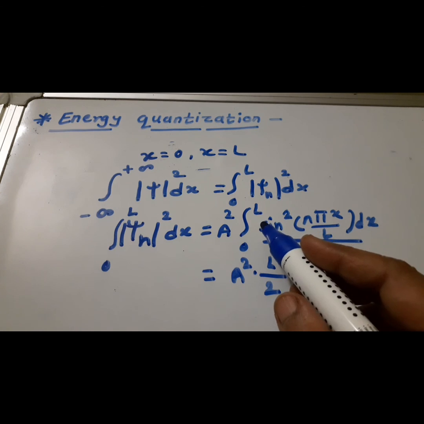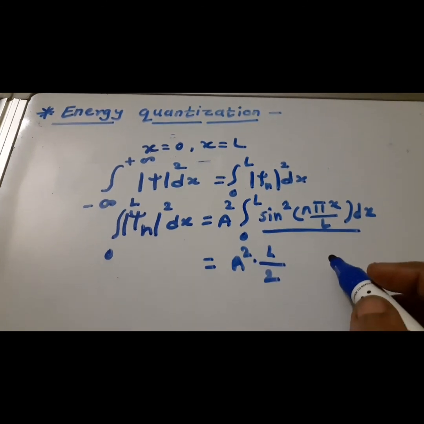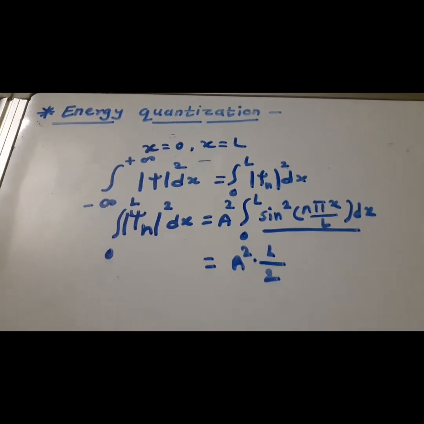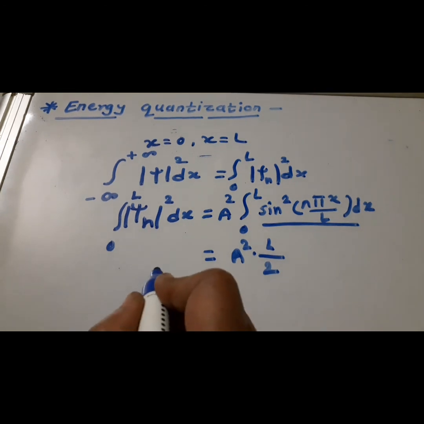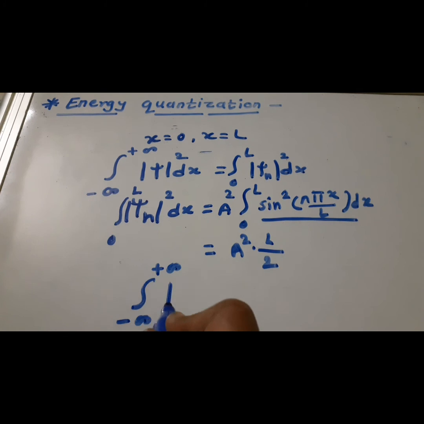Now, by the normalization condition of the wave function, we know that the integration from minus infinity to plus infinity of mod psi n square dx is equal to 1.